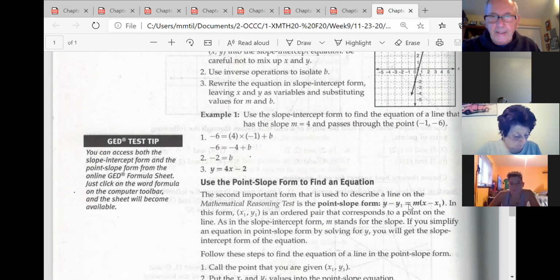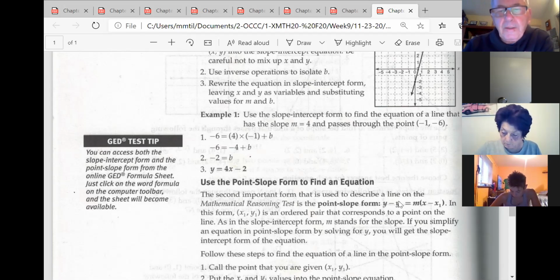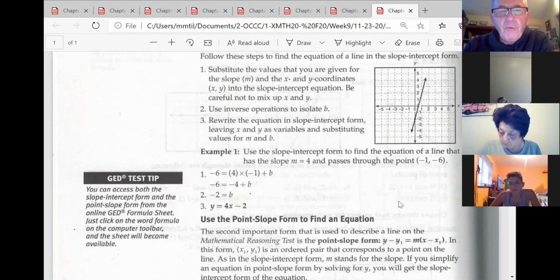That's how we got that equation. So write those two forms down, because on the problems on the next page, you're going to be asked to solve the linear equation by using those two different forms.